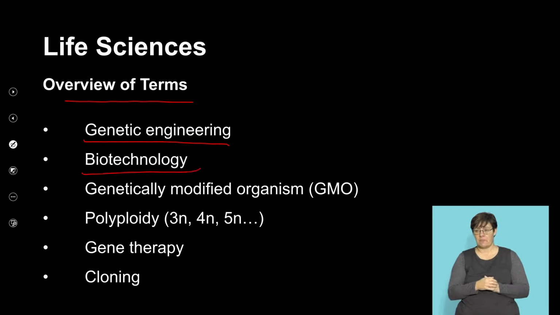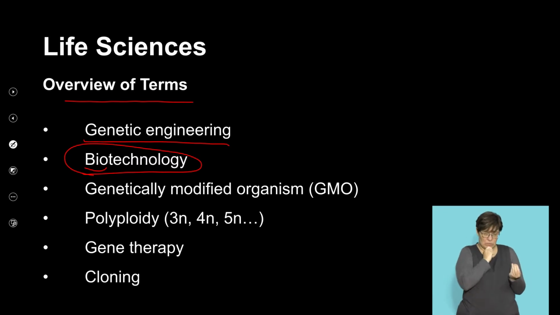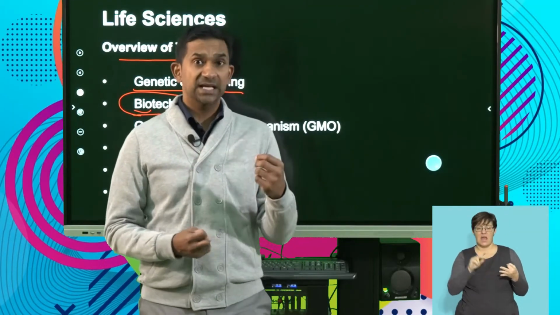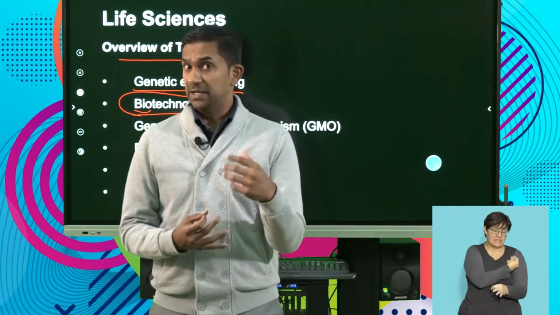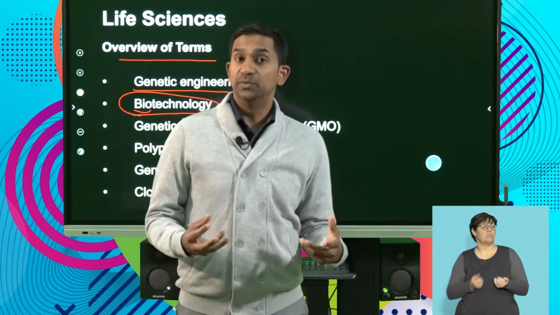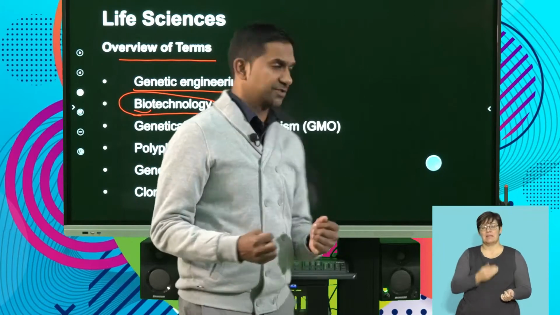The concept of using living organisms, biotechnology, using living organisms to produce useful products, and that comes from using bacteria, fungi, and viruses to produce the likes of vaccines, in baking, as well as using bacteria to produce things like human insulin or growth hormones.